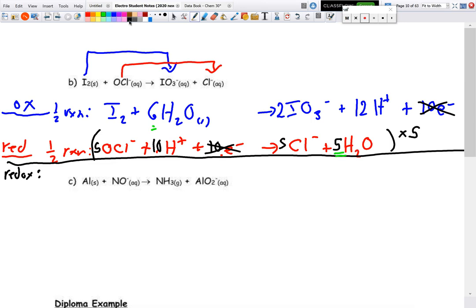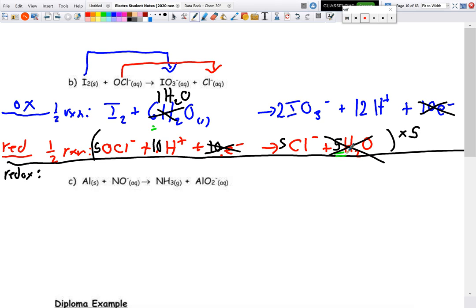Now, what's going to happen is the waters are going to cancel out, but they're obviously not going to completely cancel out because I have more waters on the reactant side. So basically all of these waters here are going to cancel out, and then all of them but one is going to cancel out here, right? So we're just going to be left with 1 H2O on this side right here, because 6 minus 5 gives us 1.